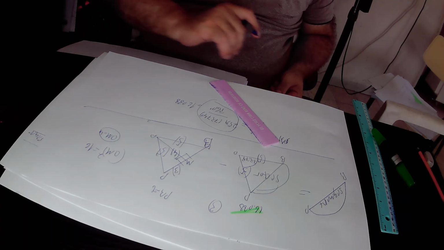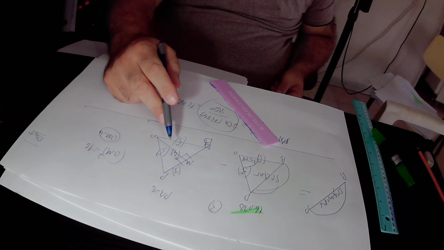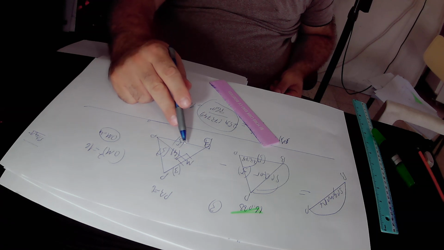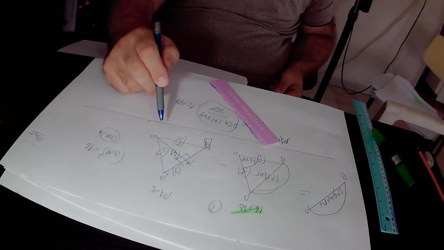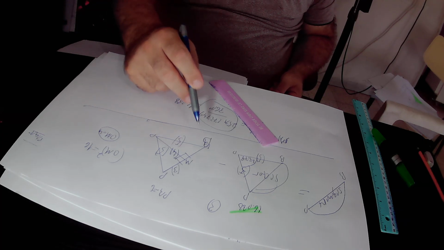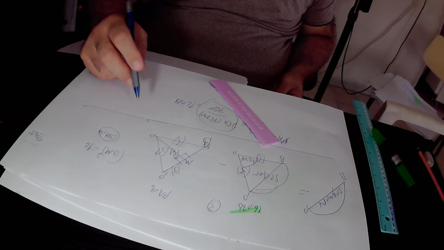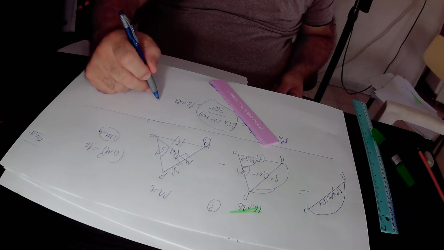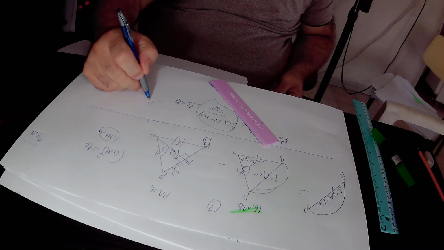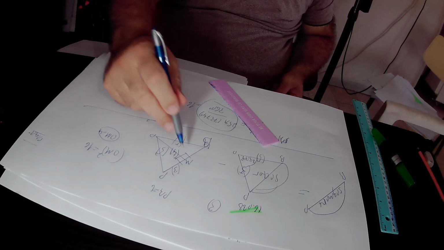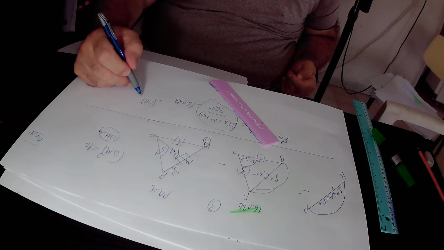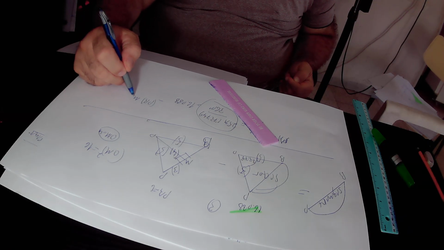So the area of any triangle is the base of the triangle times the height over 2. The base is PB, so write it down. So the base is PB times the height is MO because it is perpendicular, 90 degrees, with the base, over 2.